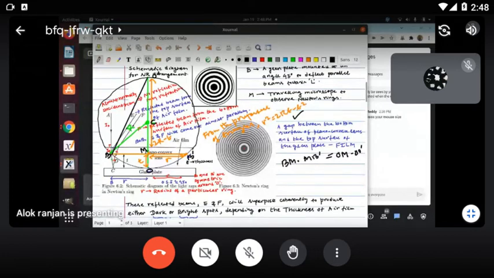Got it? So BM multiplied with MB prime will be MO multiplied with MO prime. That I have written. MO multiplied with MO prime.